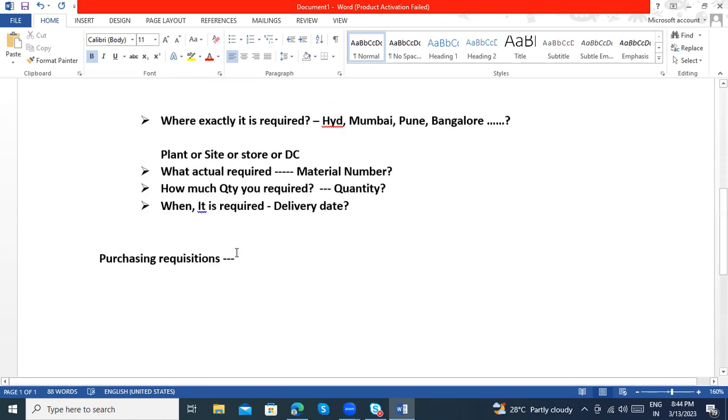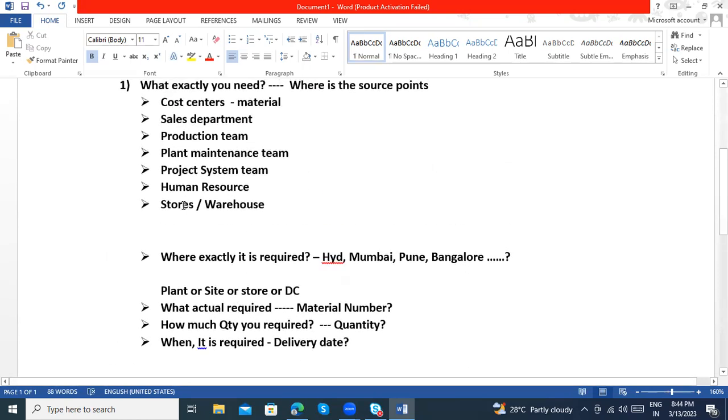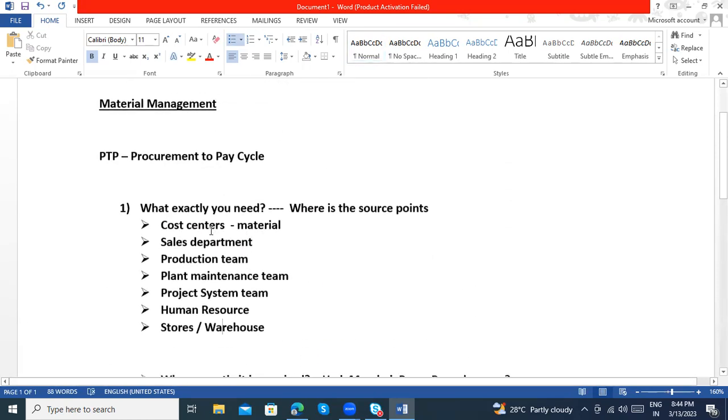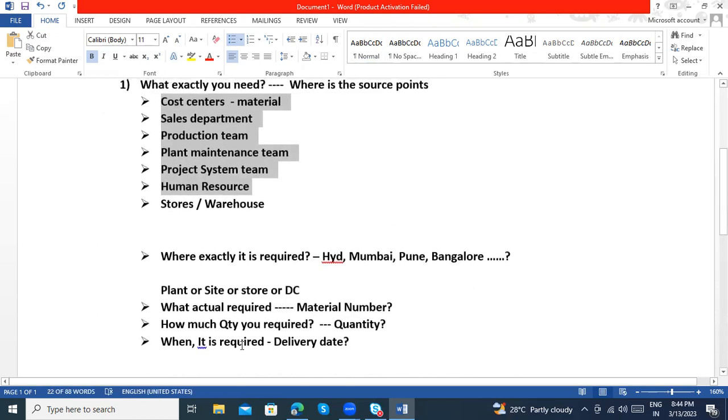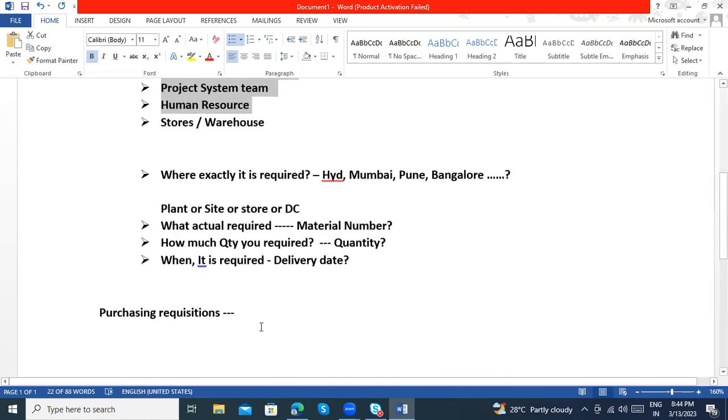This purchase requisition can be created by store people or warehouse people, or if they have all the access, they can directly create it. This is an internal document.